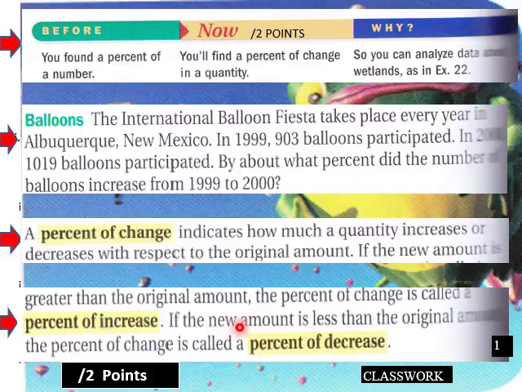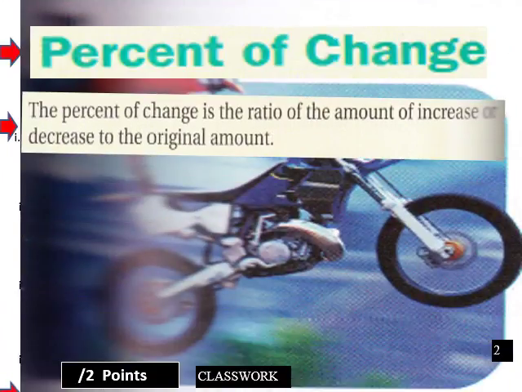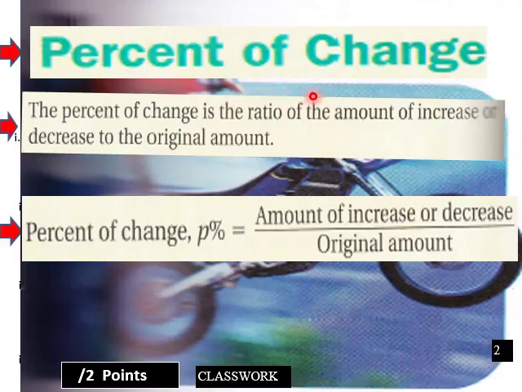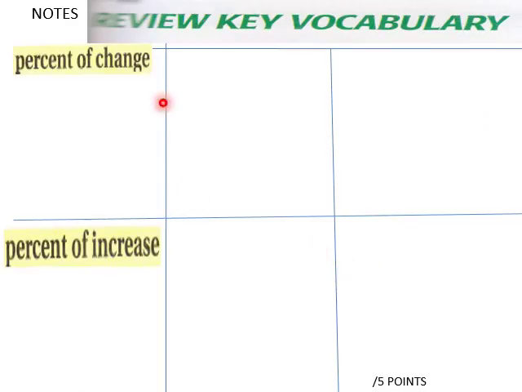So this is on your classwork sheet. Percent of change is the ratio of the amount of increase or decrease to the original amount. So a percent of change is the amount of increase or decrease over the original. We put the original in the denominator.